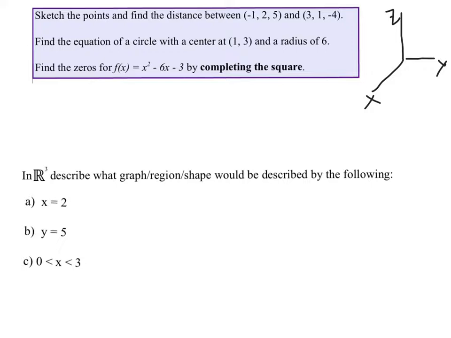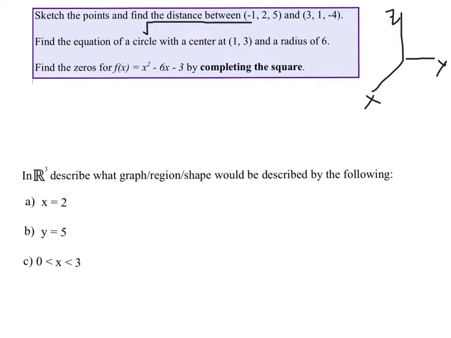So this coordinate, -1, 2, 5, would go 1 unit back, 2 units over, and 5 units up. Okay? And this 3, 1, -4 would go 3 units in X, 1 unit in Y, and then 4 units down in Z.